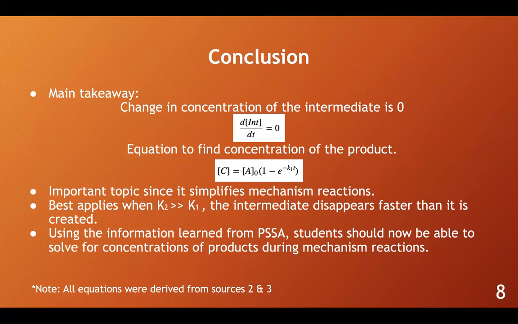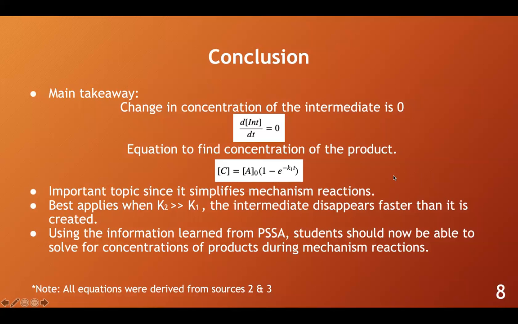This is because it's being produced and consumed, so it's being consumed faster than it's being produced. So the change in the concentration is almost 0. We can also take away that the concentration of the product can be found using this equation. So this is very helpful when working with mechanism reactions.